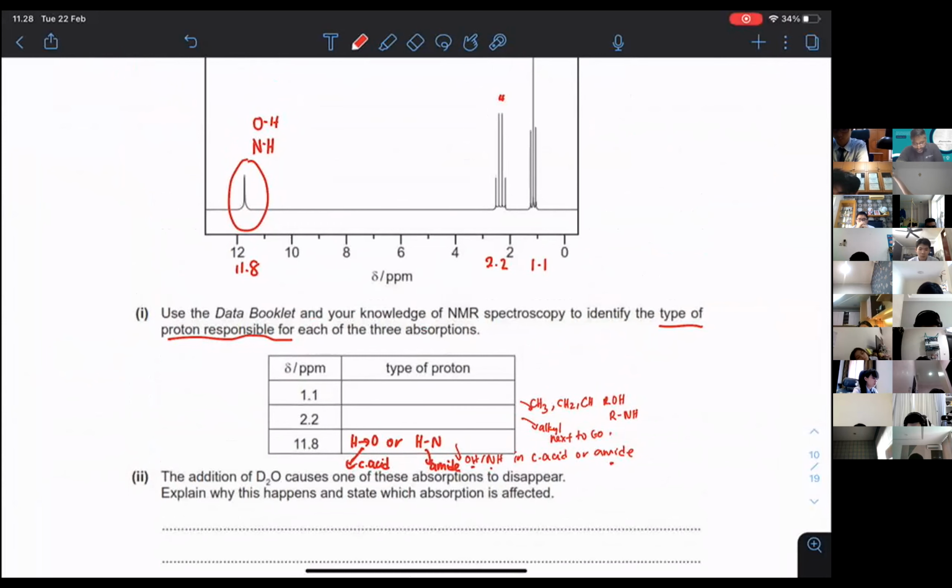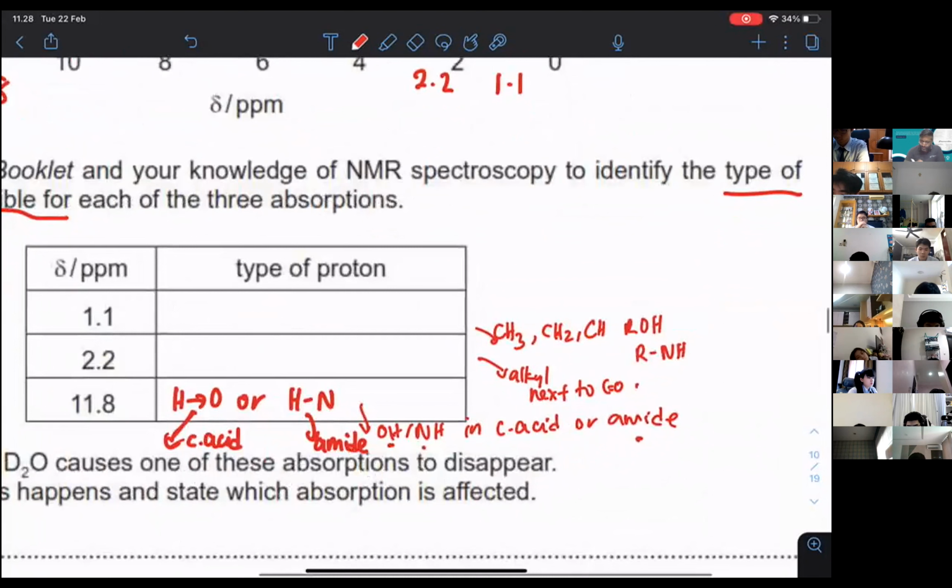But they ask you to identify only, so I will just follow what I have. The type of proton next, maybe alkyl group next to CO. Yeah, alkyl group next to C double bond O.